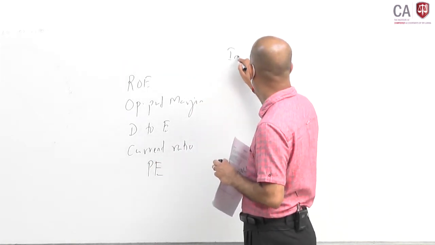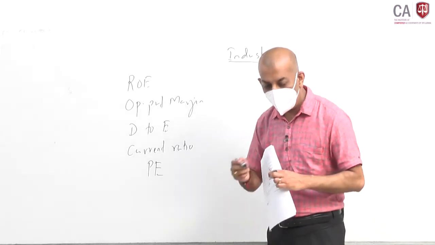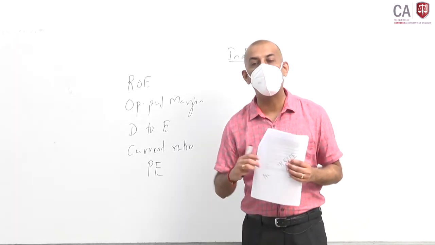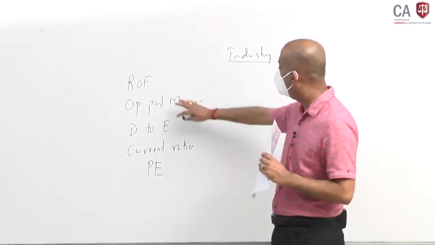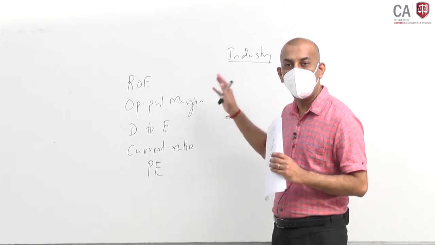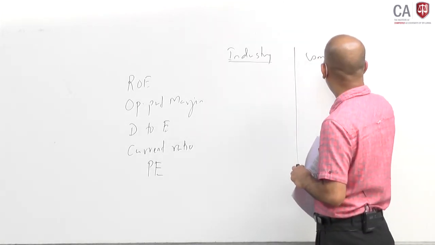This is given for the industry. So for us to compare the company performance with the industry, we need to know the same five ratios of the company.